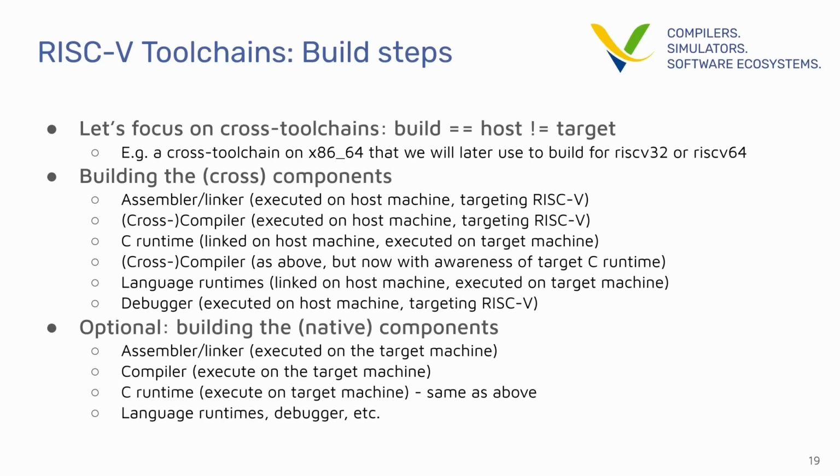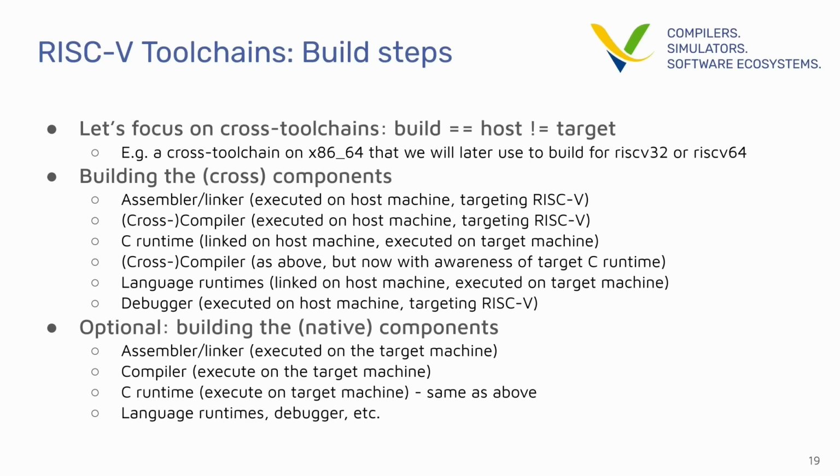Once the C runtime is complete, we can build a complete cross compiler again, but this time we have a complete target C runtime available. Further, we can build also other language runtimes, for example, a C++ runtime. And in the end, we can also build additional libraries or tools, just like debuggers.